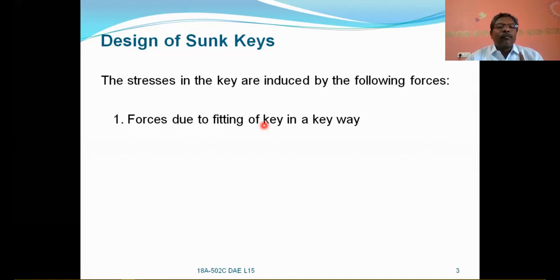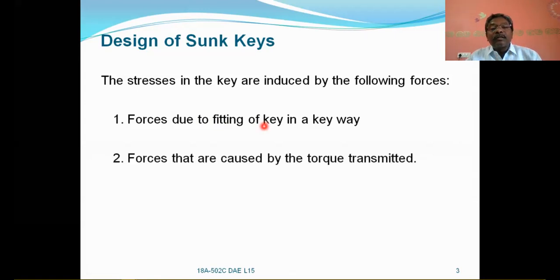Number two, the forces caused by transmitting the torque from the shaft to the mounting. So these are the two types of forces: due to fitting of the key in the keyway and due to power or torque transmission.